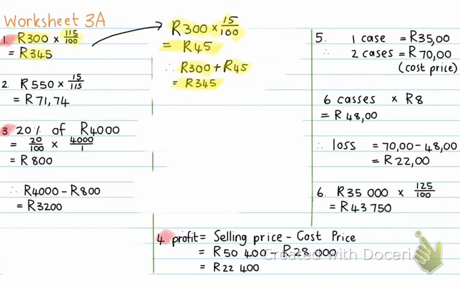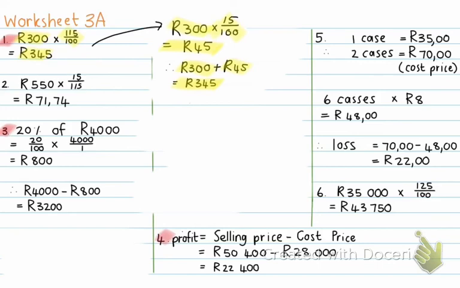At question 3, they ask you, a calculator is advertised for 4,000 Rand. That's a very expensive calculator. But if you buy this calculator between 10 and 14 February, you will receive 20% discount on the current price. Now they ask you, how much will the calculator then cost you? So we have to work out, what is 20% of 4,000 Rand?